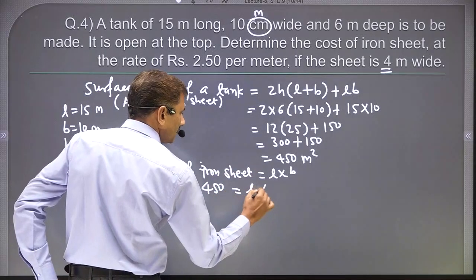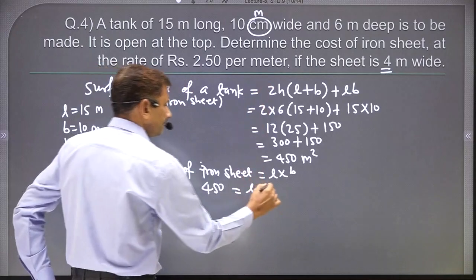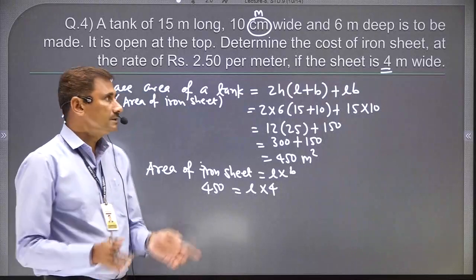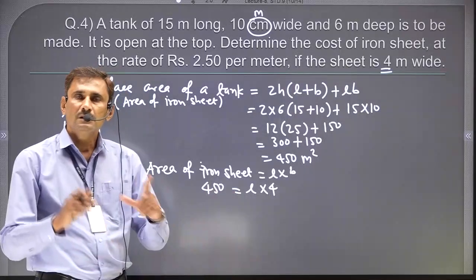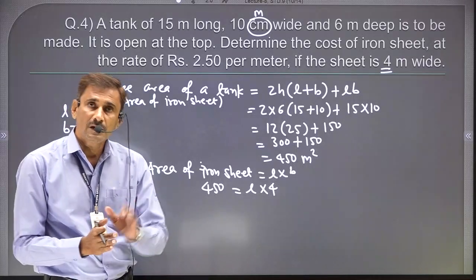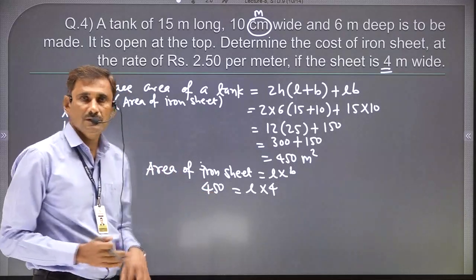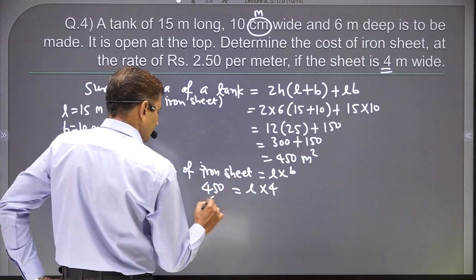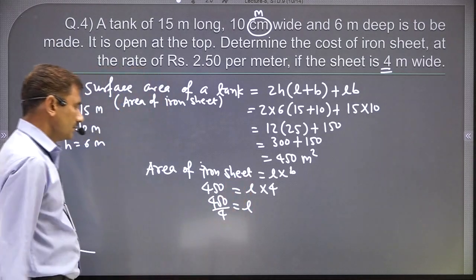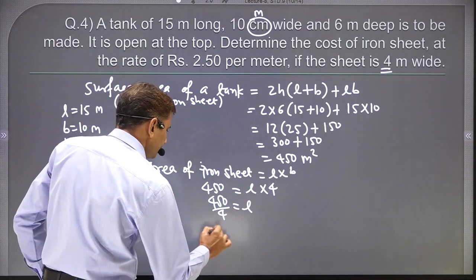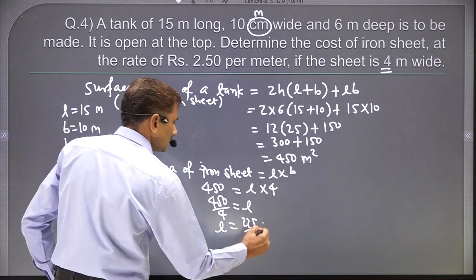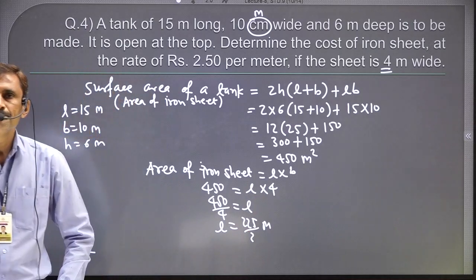Length we don't know, but width they have given, 4. Okay, so we will first determine the length, then only we will ask for so much long iron sheet, and they will decide the cost. So it will be 450 upon 4. L will be, okay, means 225 by 2. So L equals 225 by 2. Right now keep it in fraction form, so much meter we require.